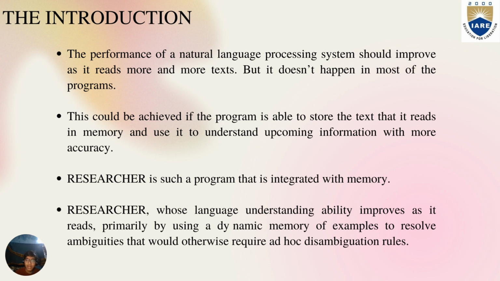Researcher is a program whose language understanding ability will improve as it reads the data, since it will use dynamic memory of examples to resolve ambiguities that would otherwise require ad hoc disambiguation rules.